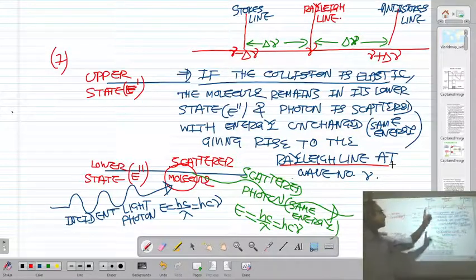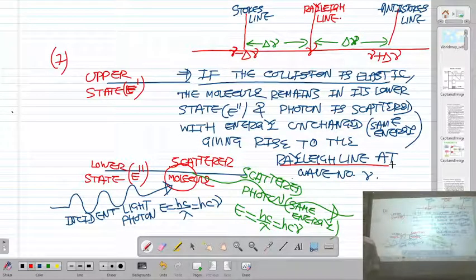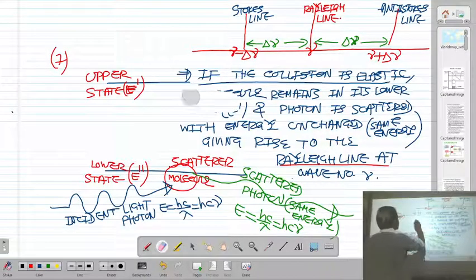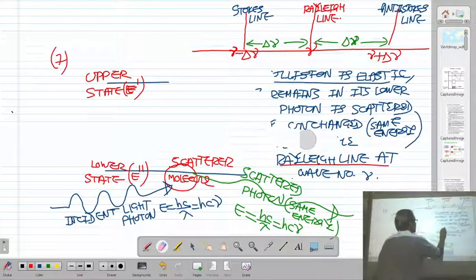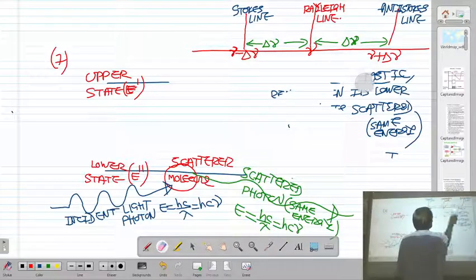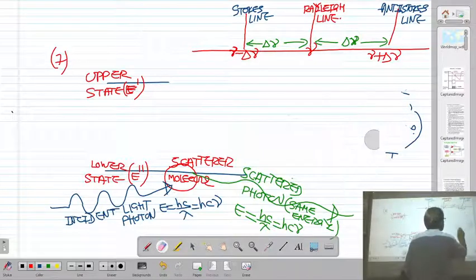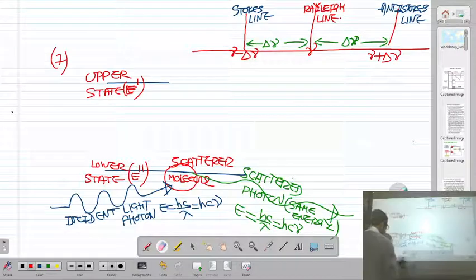Okay, and that is why the frequency of the Rayleigh line is same as that of the frequency of the incident wave. Okay, and then we will explain Stokes-Raman line. Second explanation we will give.